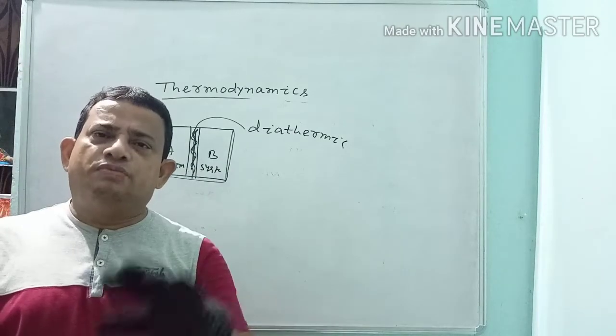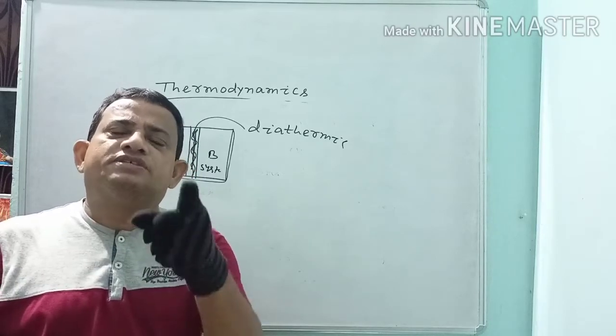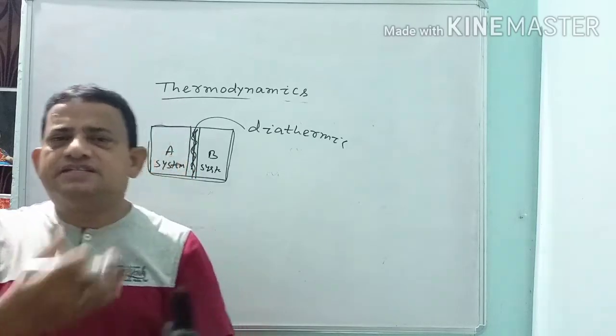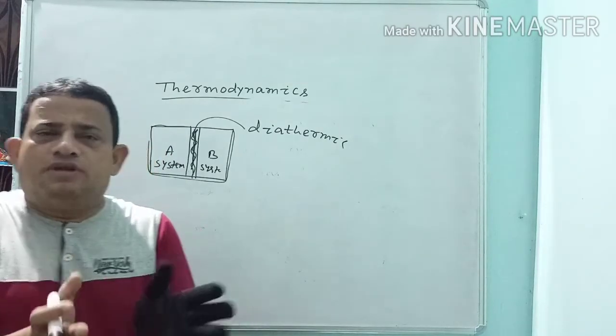Heat flows from A to B or B to A till both have the same temperature. That means A and B will be in thermal equilibrium.